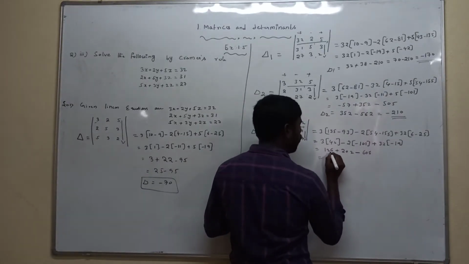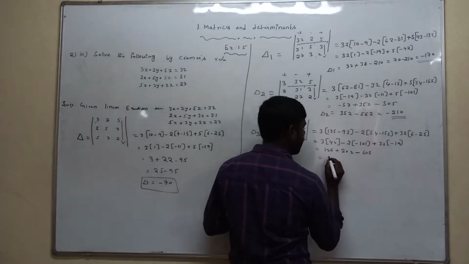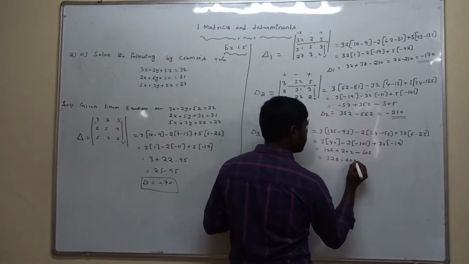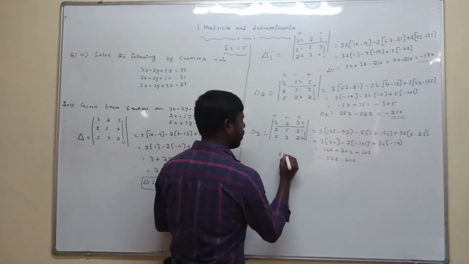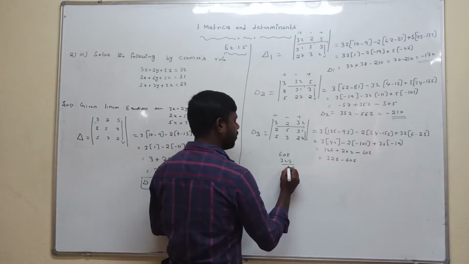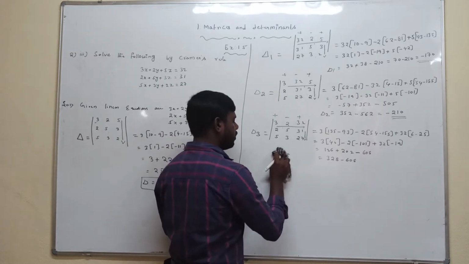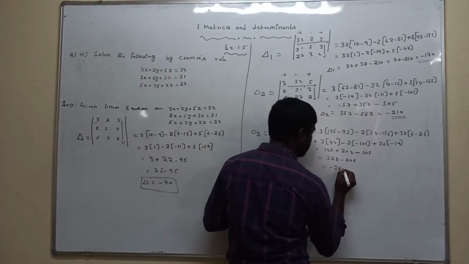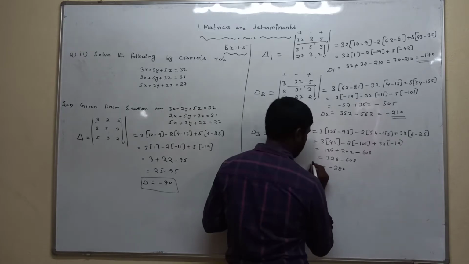So now 126 plus 202, that value is 328. 608 minus 328 is 280. So total we get minus 280, that is delta 3.